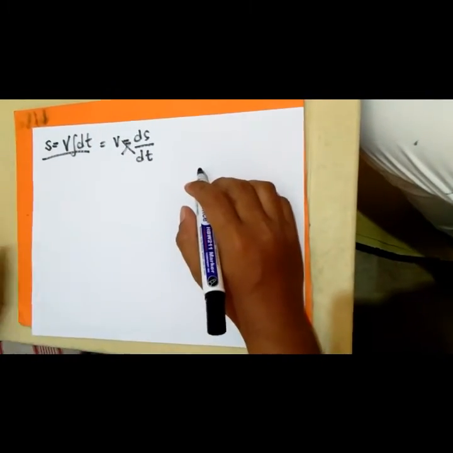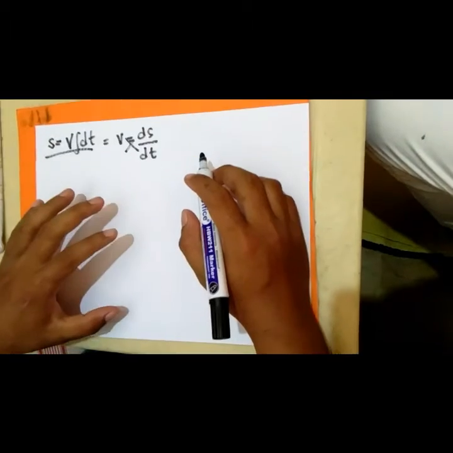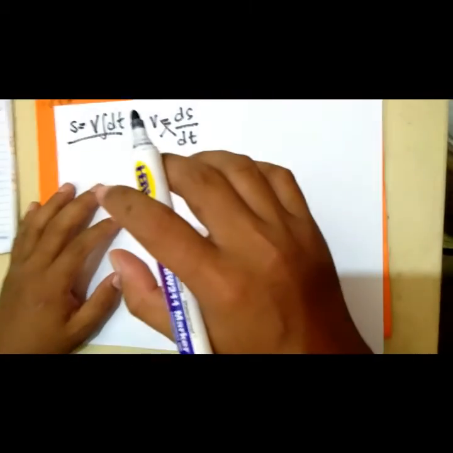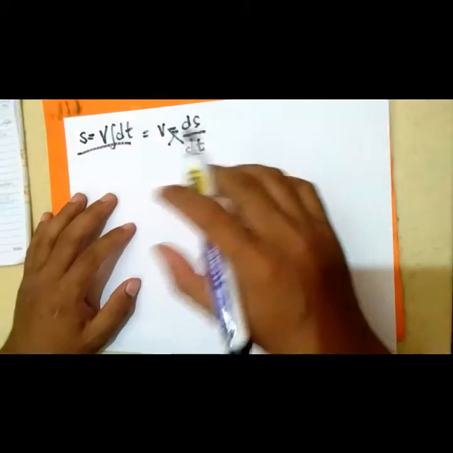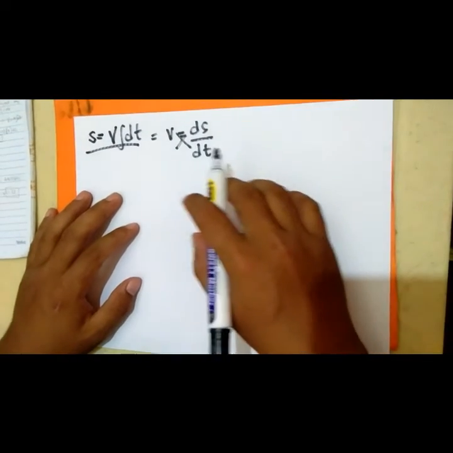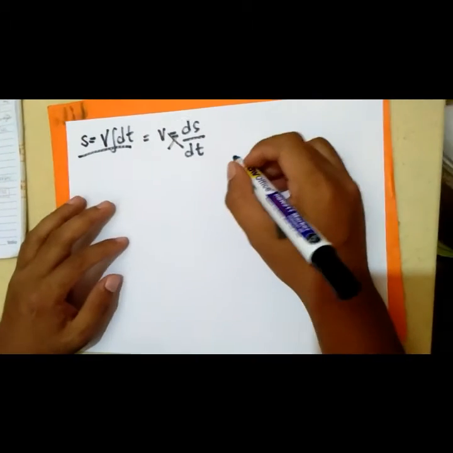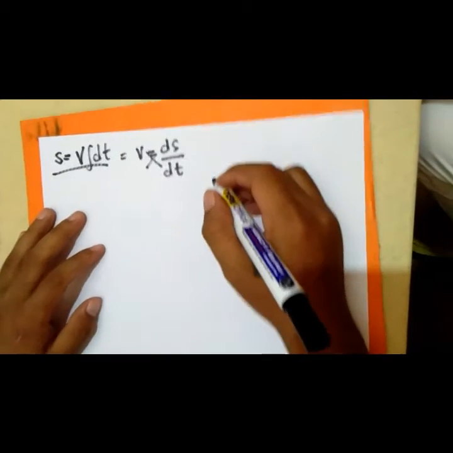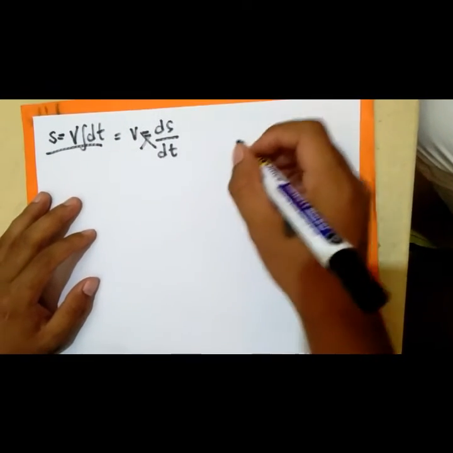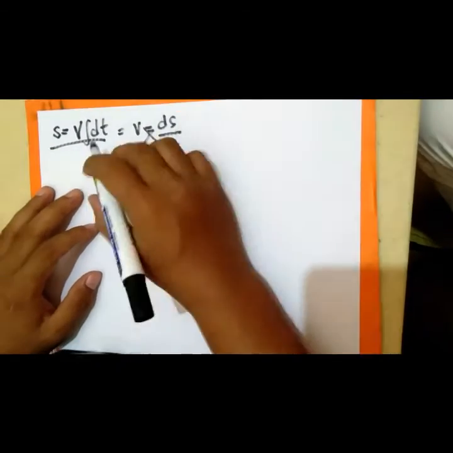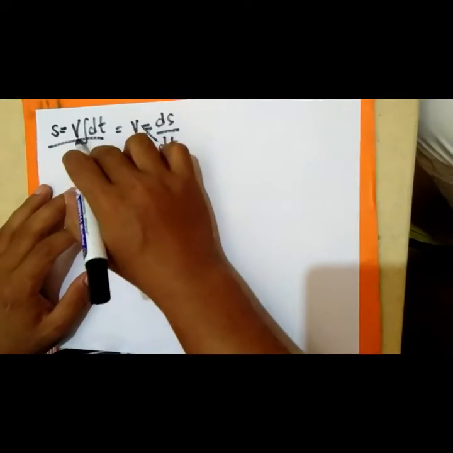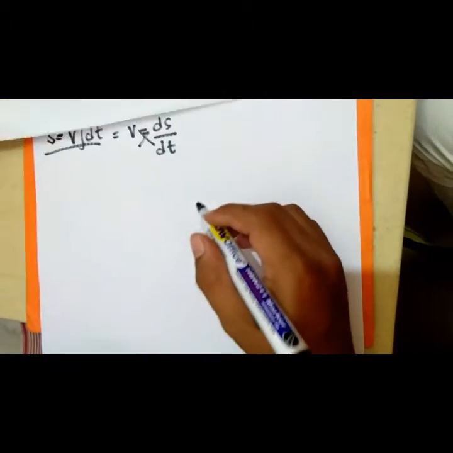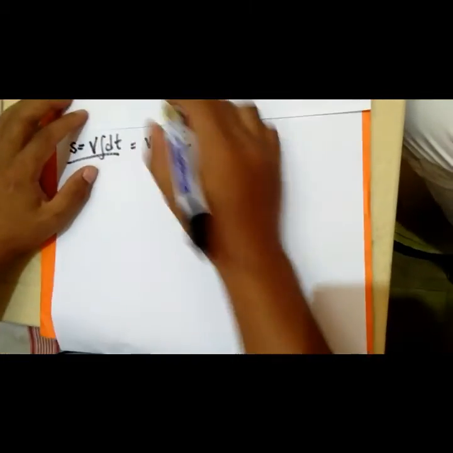Then we will substitute again. We repeat the process of the last derivation. We now have the value of velocity, which is the equation 2t plus 4.